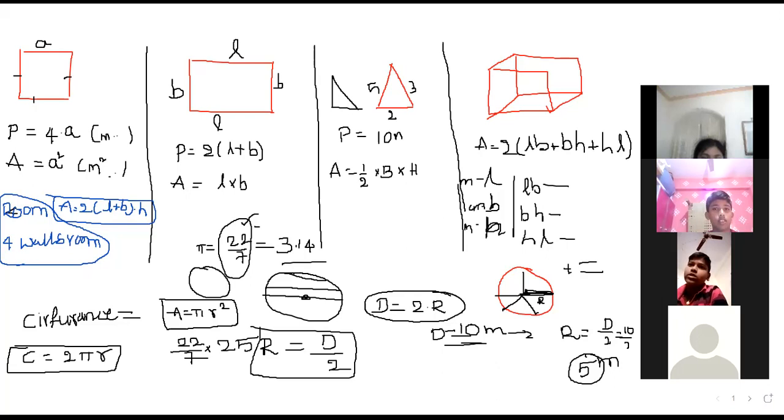Then N to D is 6. So 10 plus 6 is how much? 16. Here the lengths are different. Don't think that both are equal. Got it? So this is 16.